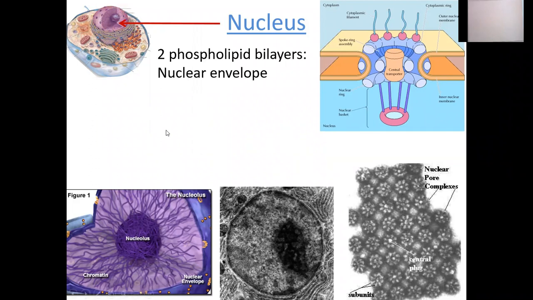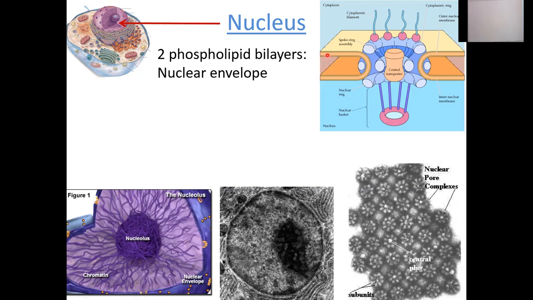That is the nucleus. Now, because it is the brain of the entire cell, this is where all of the content is stored for the entire existence of the cell's life.